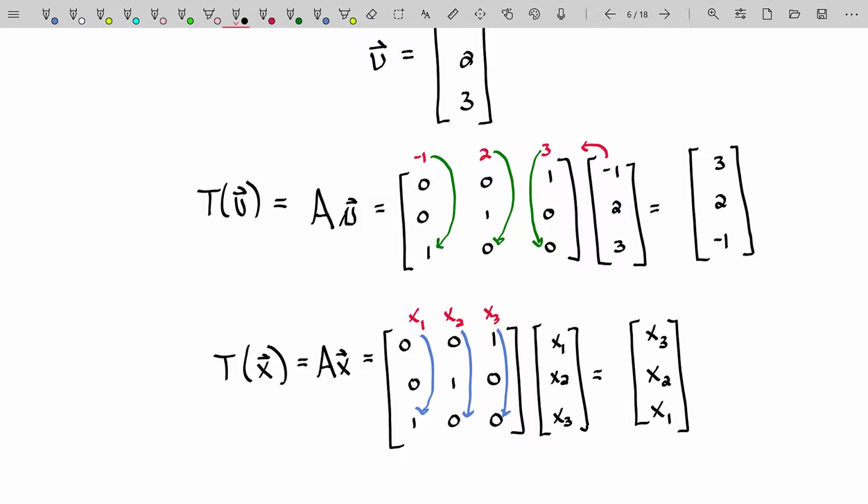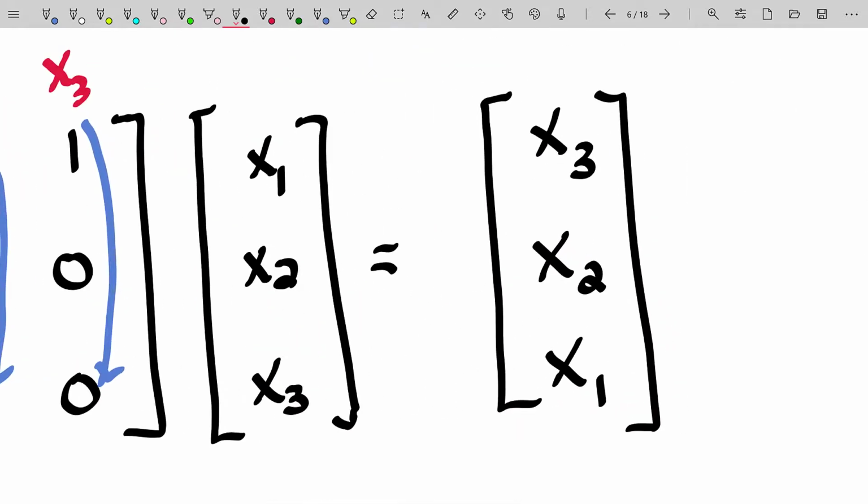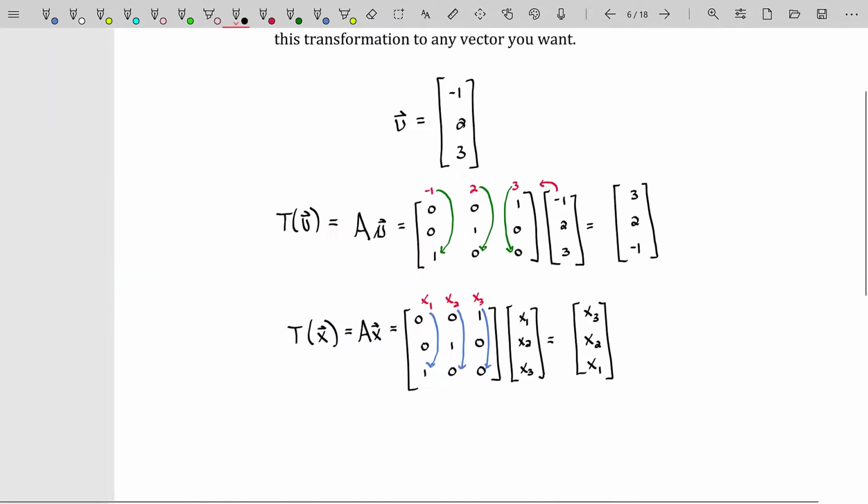And you can see that no matter what vector I have multiplied against A there, it turns out that it flips the roles of everything within that vector. Instead of going x1, 2, and 3, it goes x3, 2, and 1. That's kind of a cool transformation.